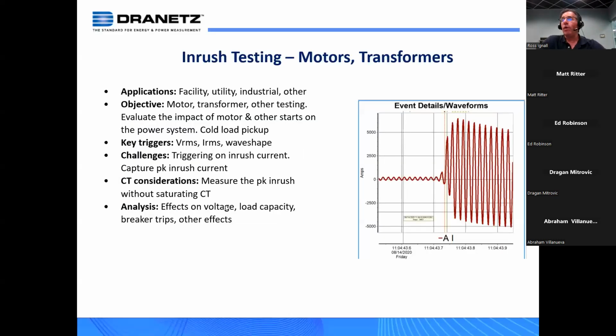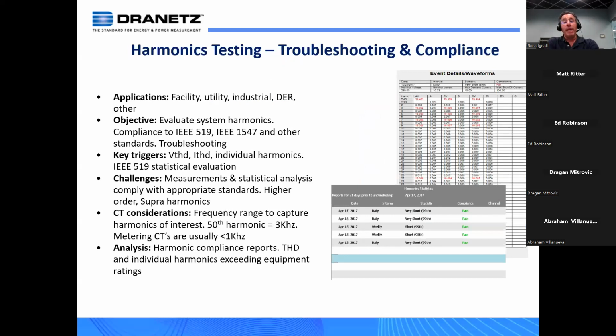So when we talk about harmonic testing, it's complicated statistically in what you do and how you do it, but the setup of the instruments, at least the HDPQ family, is really basic. You are looking at a facility, a utility, whatever may be appropriate for you: industrial, DER (distributed energy resource) applications, maybe a solar farm.